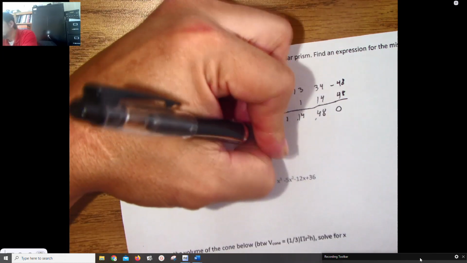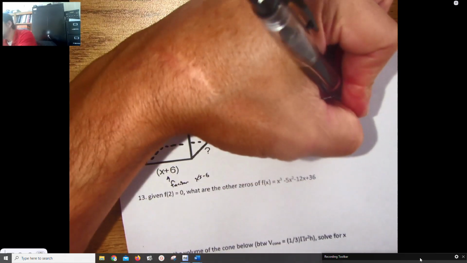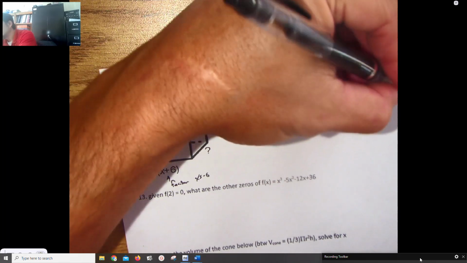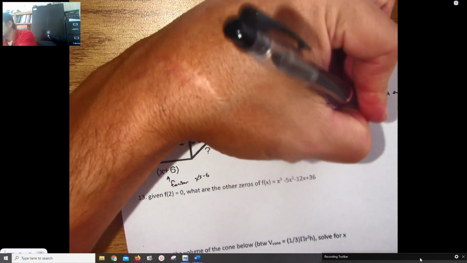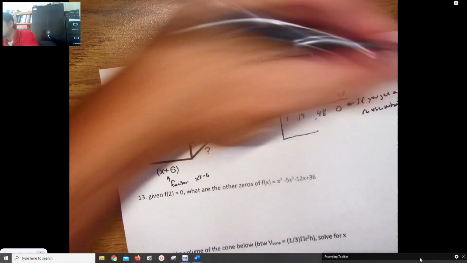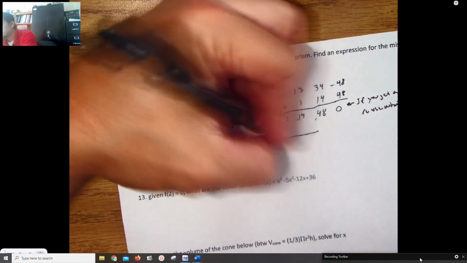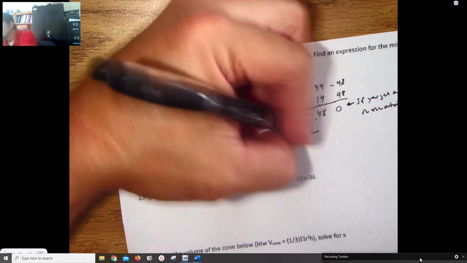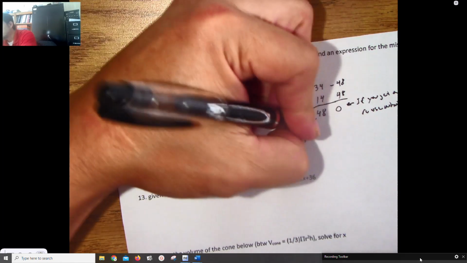Now the nice thing about synthetic division is if you get a 0, just reuse what you have. So now I'm going to pull out a negative 6. I'm going to drop the 1. Negative 6 times 1 is negative 6. When I add, I get 8. Negative 6 times 8 is negative 48.